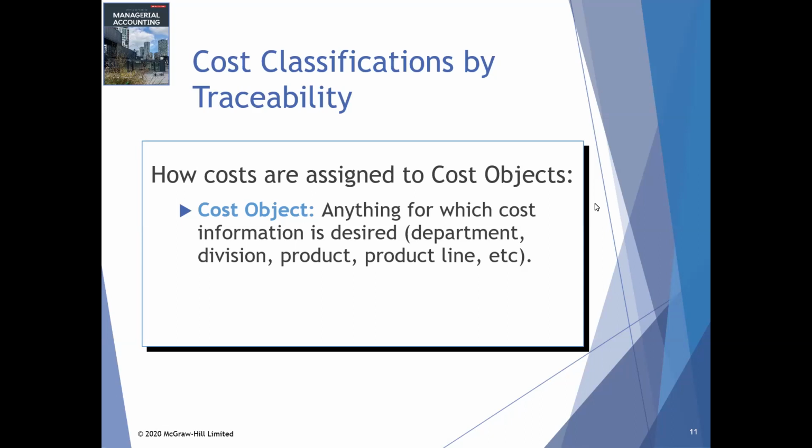Now, direct and indirect cost of an individual flight. For example, one flight is here. This is the cost object, right? One flight, one airplane, is the cost object. So direct cost is flight attendants, air hostesses, right? And a captain will be there, okay?